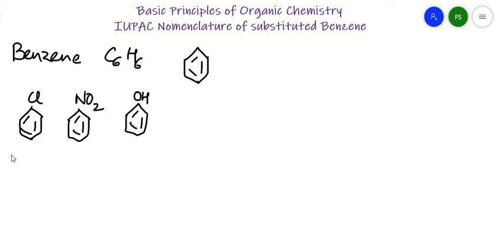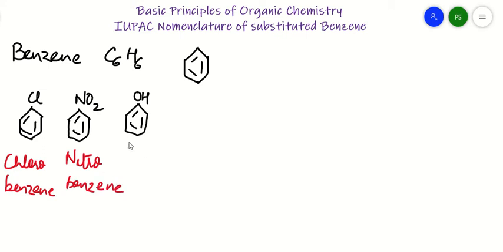So the name of the first compound is chlorobenzene. Similarly, the second compound is nitrobenzene. The name of this compound is phenol, which you need to keep in mind.